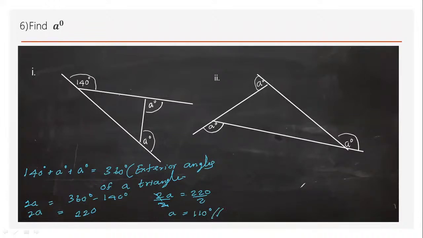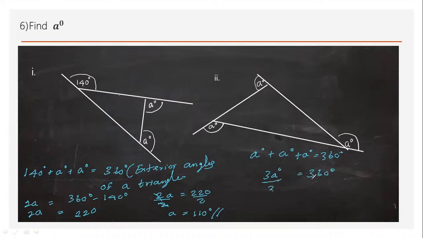Second question. In the second one, you can see all the 3 exterior angles are equal here. So easily you can get the value for this. So what can you do for this? All the angles here add up to 360. A plus A plus A equals 360. 3A equals 360.